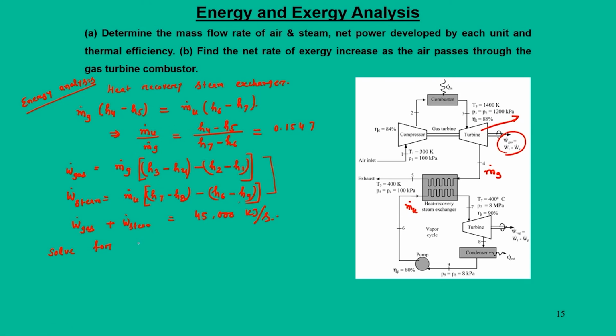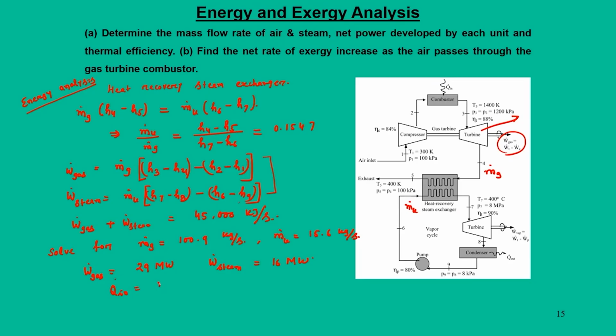We can find out m dot g, that is equal to 100.9 kg per second, the gas flow rate, and the vapor flow rate will be 15.6 kg per second. After substituting we can find out W dot gas, that is 29 megawatt, and W dot steam, that is equal to 16 megawatt.